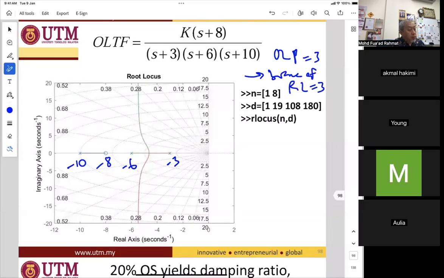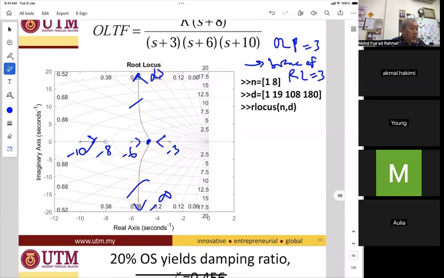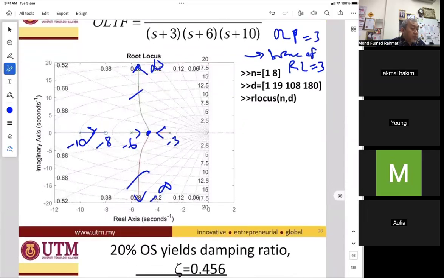Okay. You have this one, the red one, the green one, and the blue one. Okay. So all the arrows start from the poles, then end at positive infinity, and at negative infinity. And this one starts from -10 and ends at -8. 3 root locus branches. Okay.